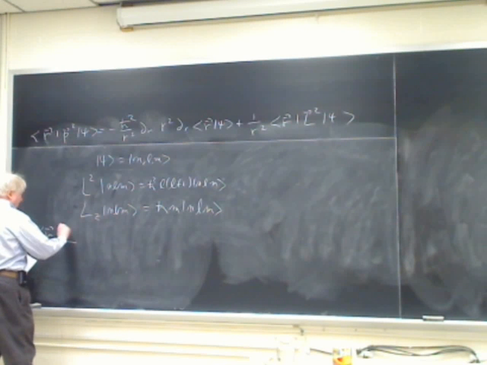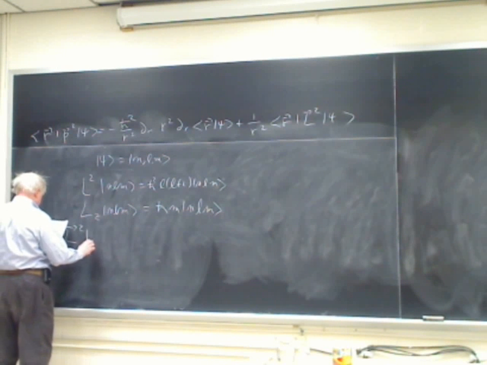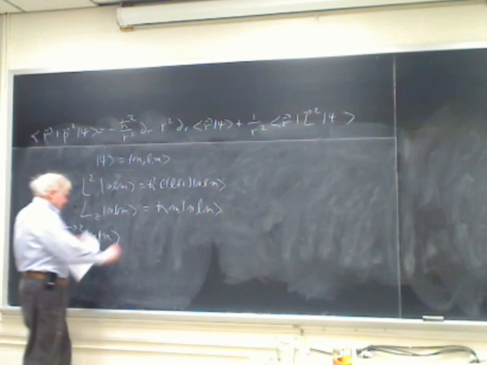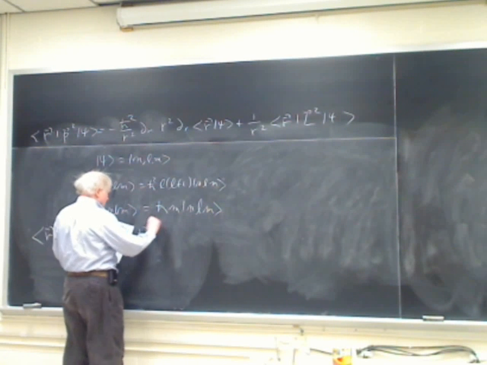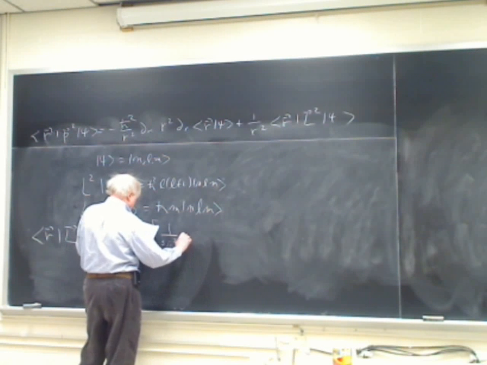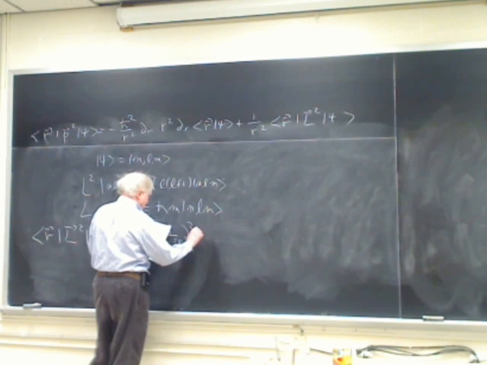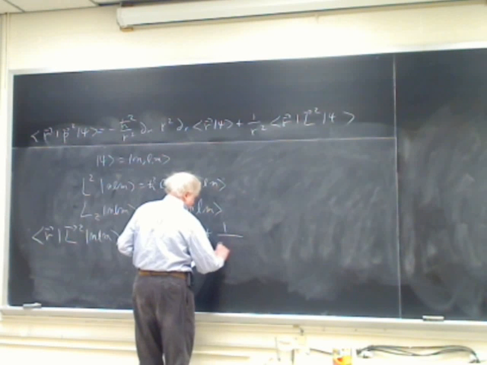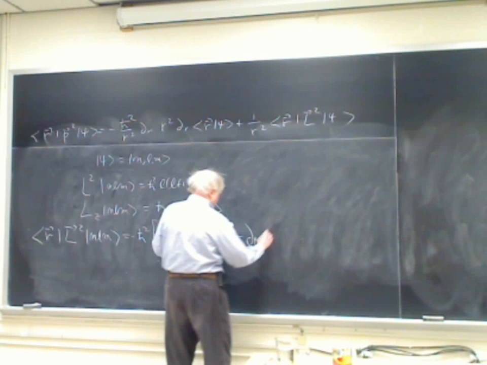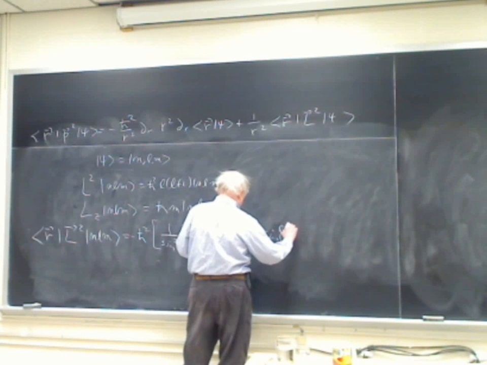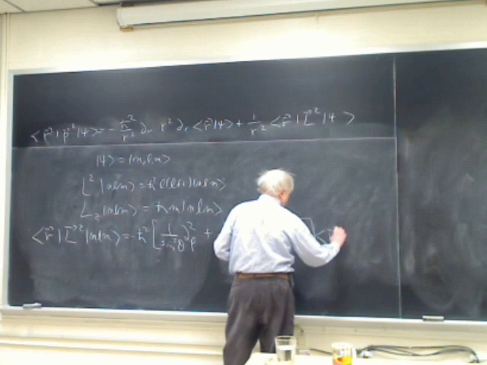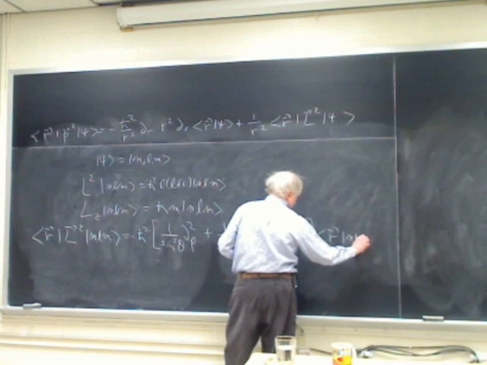We also know that, well, I might as well finish it since I've gone this far. <r|L squared|n l m> is minus h bar squared, 1 over sine squared theta d phi squared plus 1 over sine theta d theta sine theta d theta, all that acting on <r|n l m>.